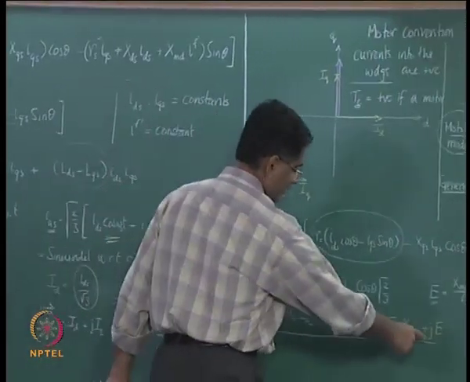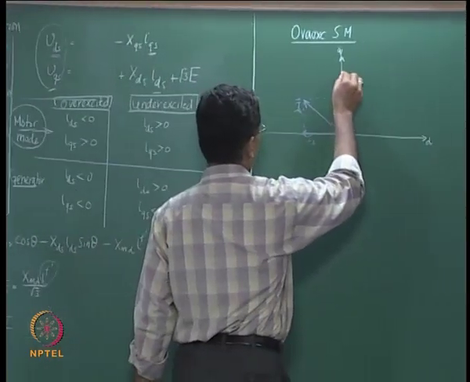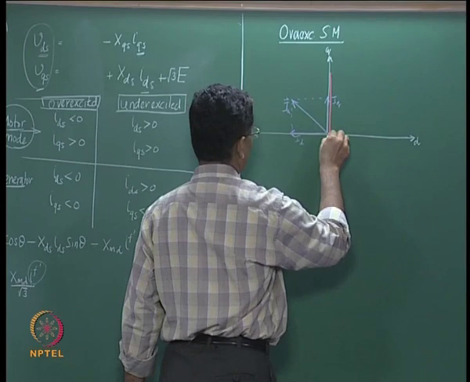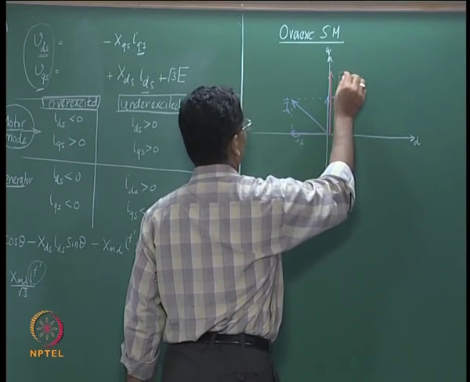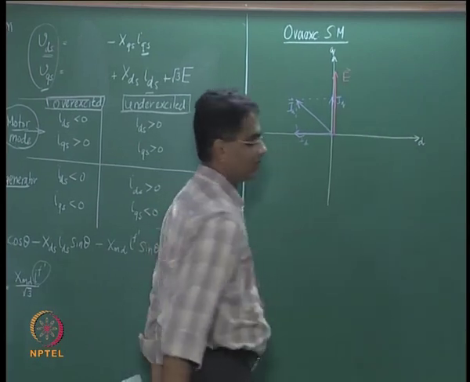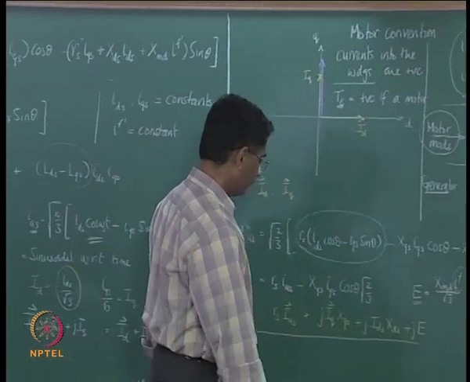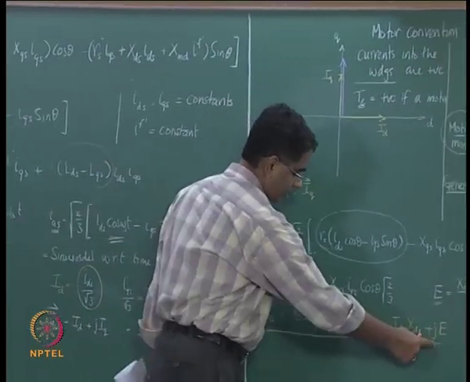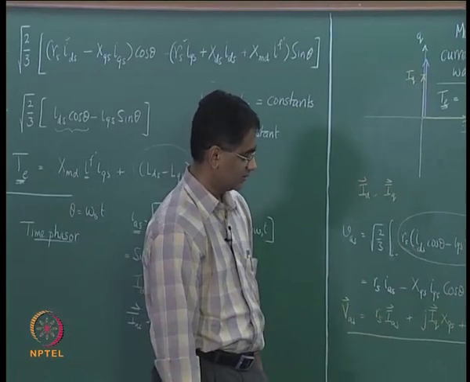J times E is a pure imaginary number, so we will have J times E here. I can represent it as a phasor itself with respect to time, and then to that you have to add J times IDS XDS.